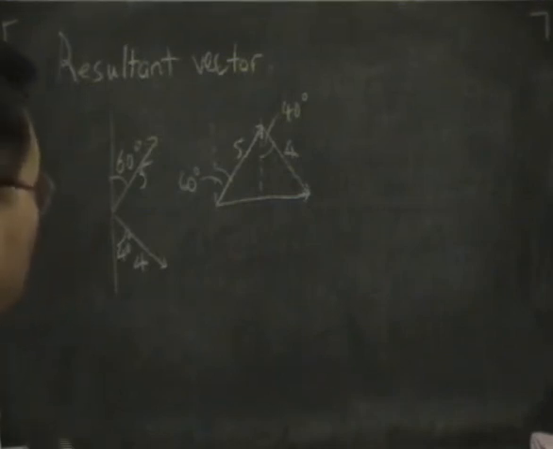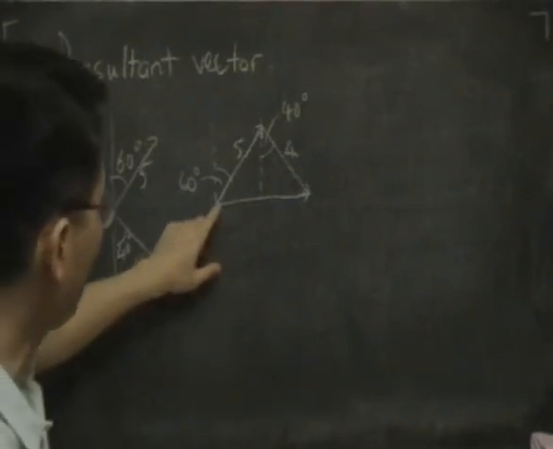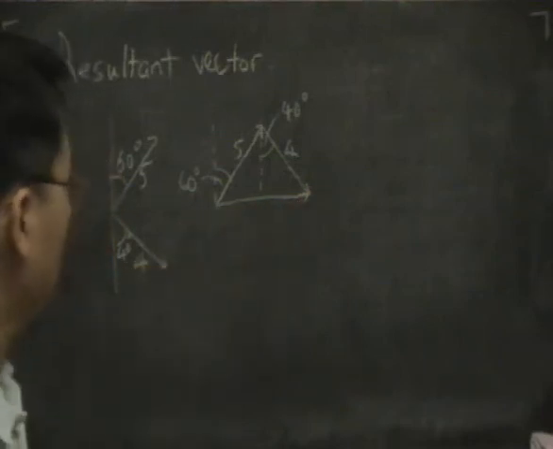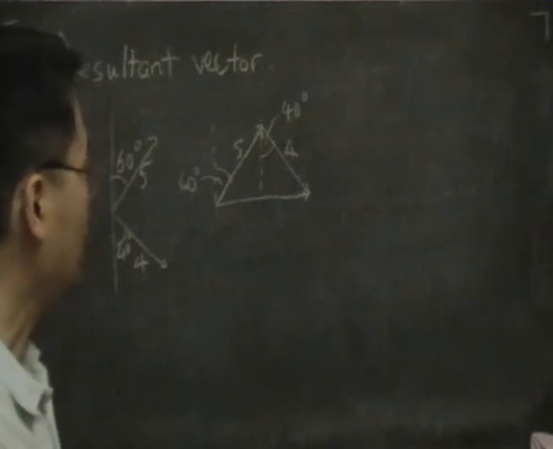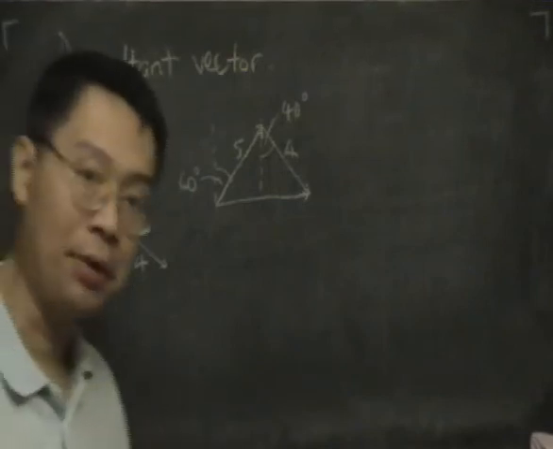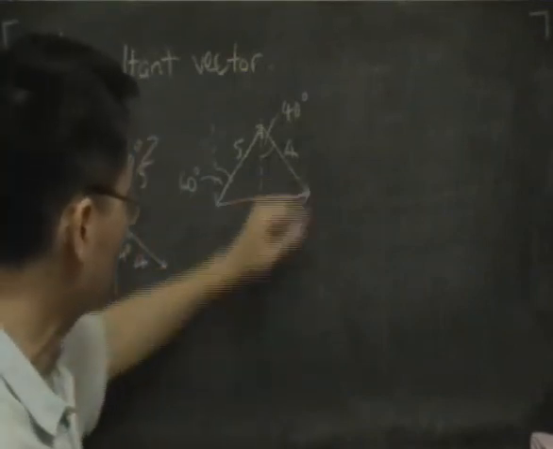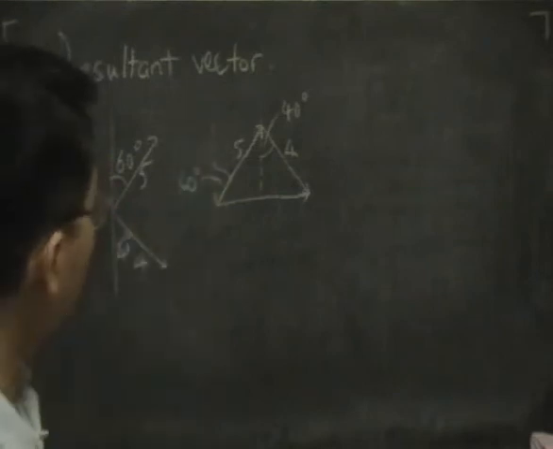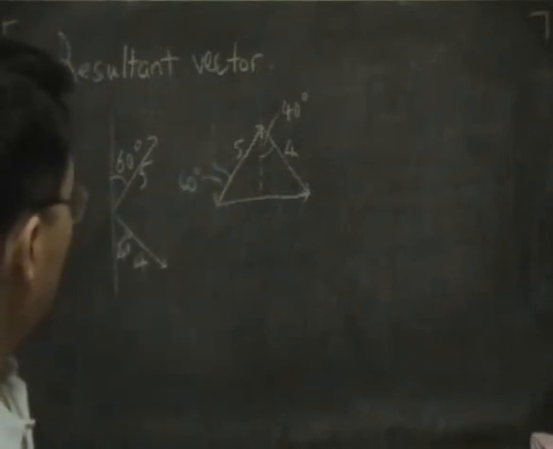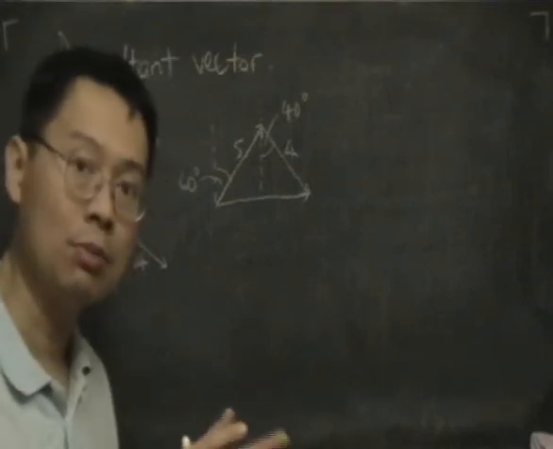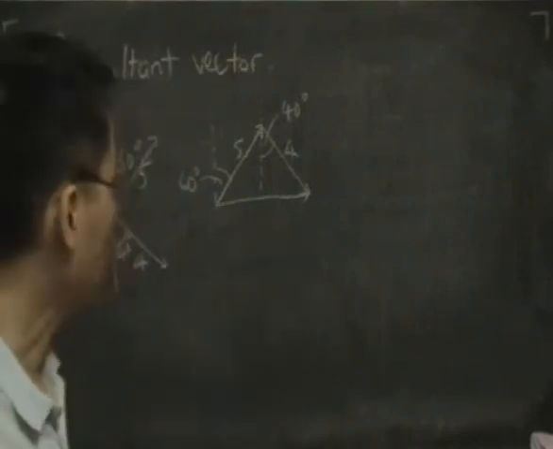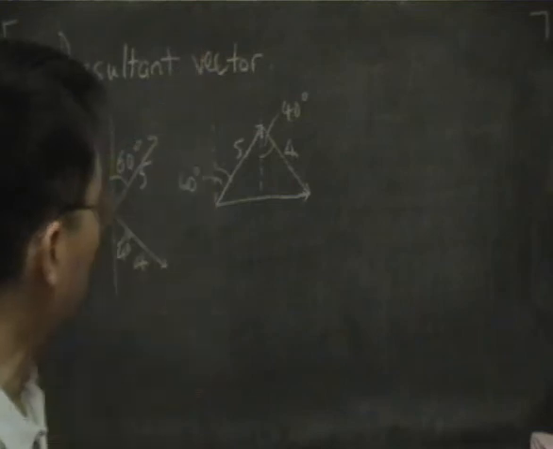And as to the direction, if I want to know the direction of this arrow, now you have a choice. The idea is that to describe the direction of an arrow on paper or on the board, we usually refer it to some direction. For example, in this case, we can refer to the vertical direction.